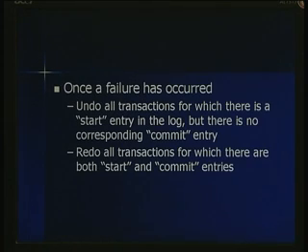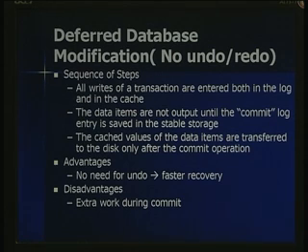Now, the other case is redo all transactions for which there are both start and commit entries, because these transactions have already gone to the finish stage. We are going to redo the transaction for all those for which the start and the commit entries are there. And this is what we mean by looking at not just the log entries but the data item entries: if the data items are not yet written, then we need to redo.